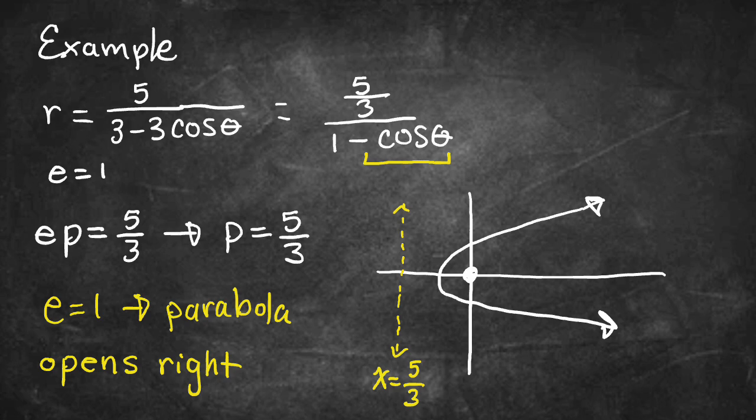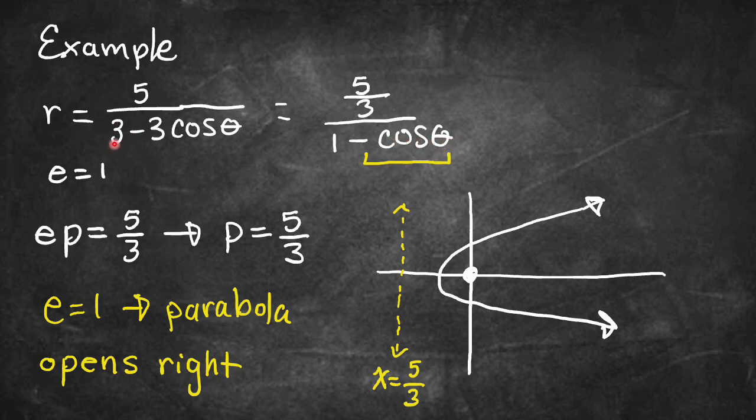Let's look at an example of a parabola in polar form. We have r is equal to 5 over 3 minus 3 cosine theta. Now, in order to identify the eccentricity, the e, I have to put it in the form that we had in the first slide, where in the denominator we have 1 minus, and then our e times cosine theta.